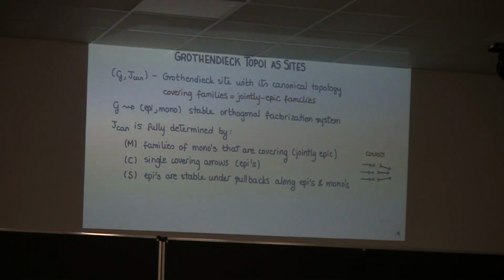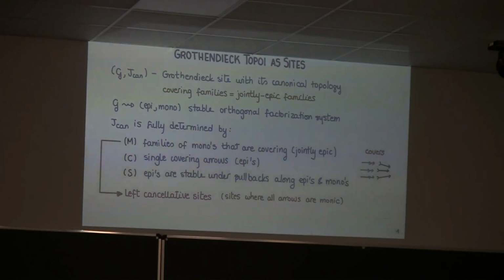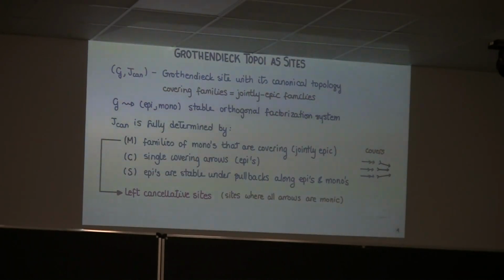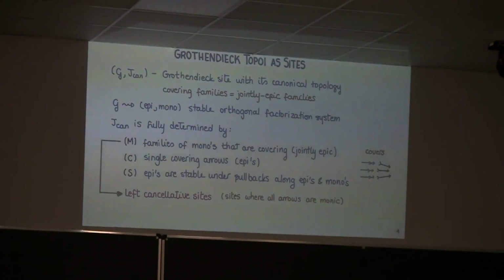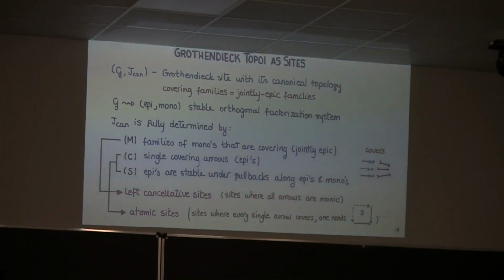And if we look at the first piece of data, this points us in the direction of left cancellative sites, which are just Grothendieck sites in which every arrow is a monic. On the other hand, we can focus on the second and third pieces of data, and this points us in the direction of atomic sites, right?